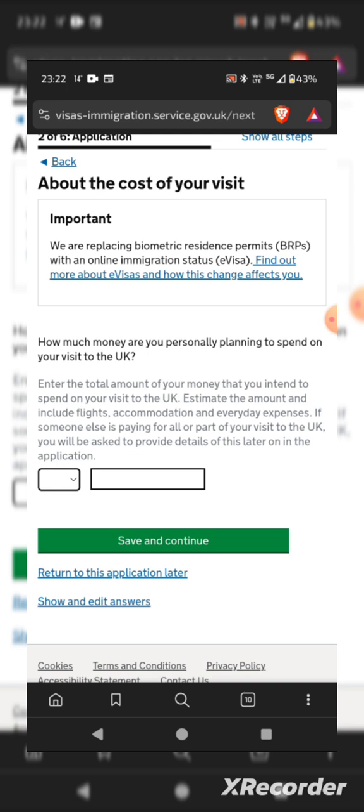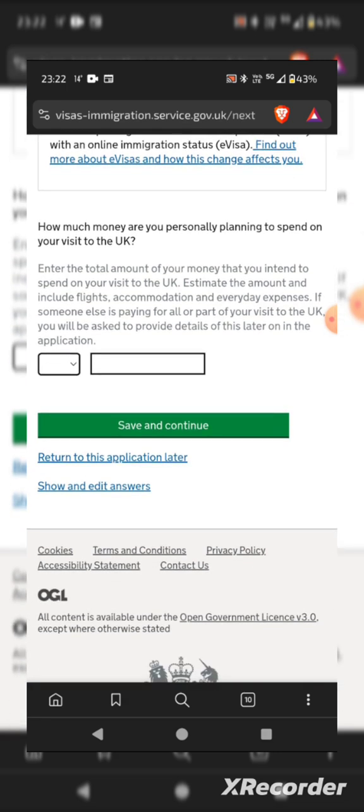It does not mean you have to spend £2,000. If you are writing this because of the visa, it shows that you actually have money. You are coming to visit, so it shows you have money. You can't be visiting someone in their country where you don't have money to spend. When you visit a place or go on a holiday, you go to enjoy yourself, which means you go and spend money there. So you have to spend money. That's just a simple thing. So you need to show them that you are going to spend money.